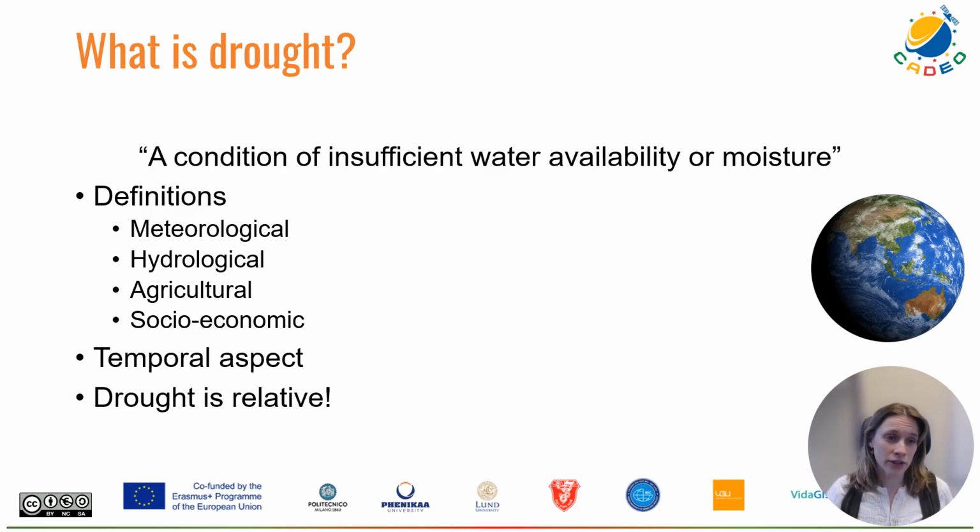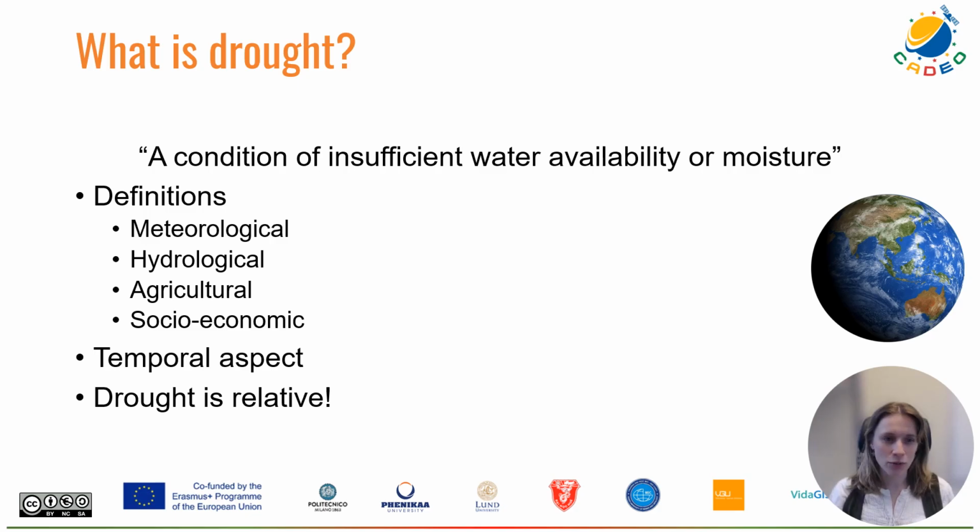There are several different definitions of drought. The most common one is probably meteorological drought, which refers to a reduction in rainfall, but also sometimes it includes an increase in temperature, which leads to increased evapotranspiration. So that's meteorological drought. It's the most commonly used definition, but it doesn't capture everything.